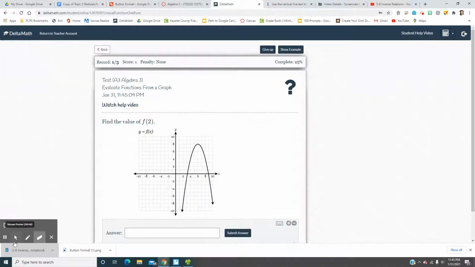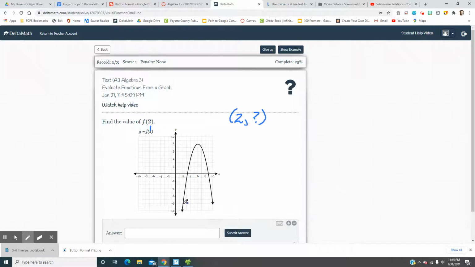Try another one. f of 2. So that means this time my x is 2. So what is the y? I'll go to when x is 2, and I'll go to the graph and find the point that corresponds to that.